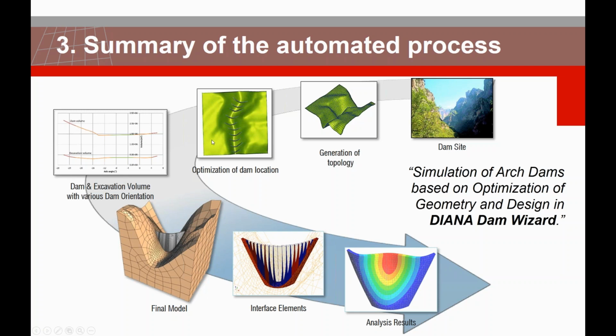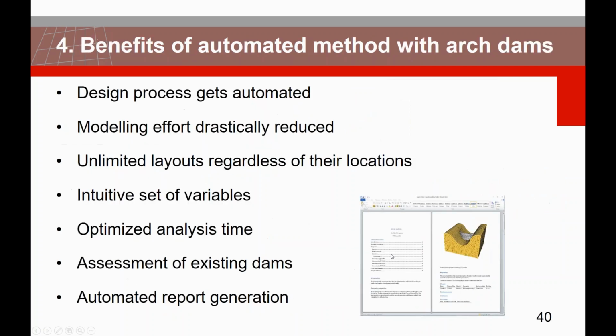Using the initial layout in the iterative process of the final design stage, we generate the model every time with the interfaces and run the analysis. And then we can generate our final design and optimal shape.